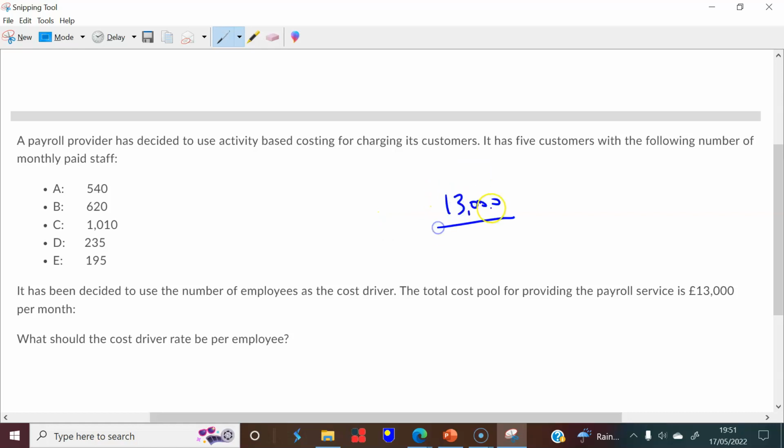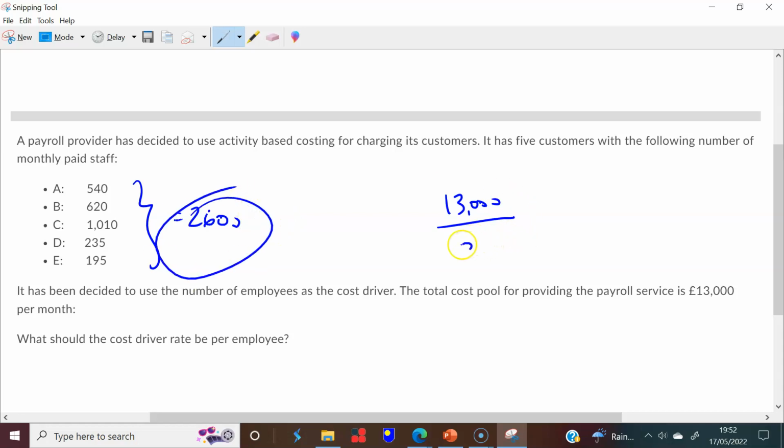So if we're going to be using the monthly number of people as the cost driver, we need to add all of them together. When you add all these figures together, you get 2,600.